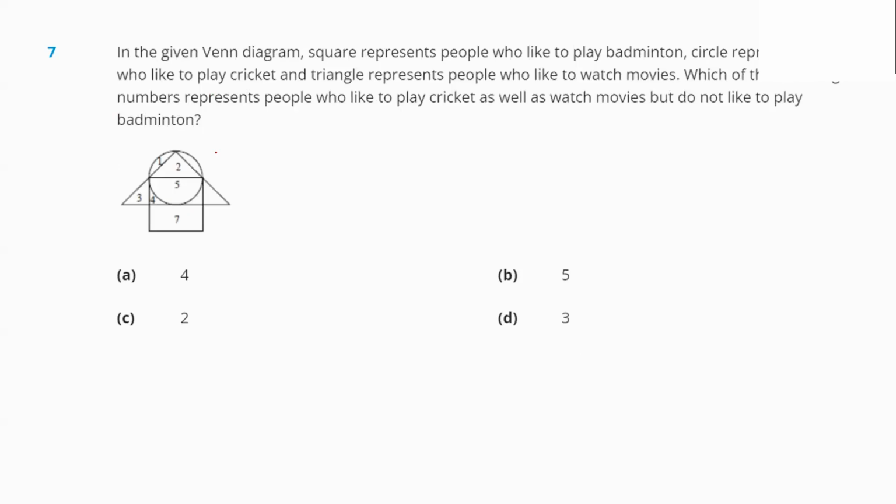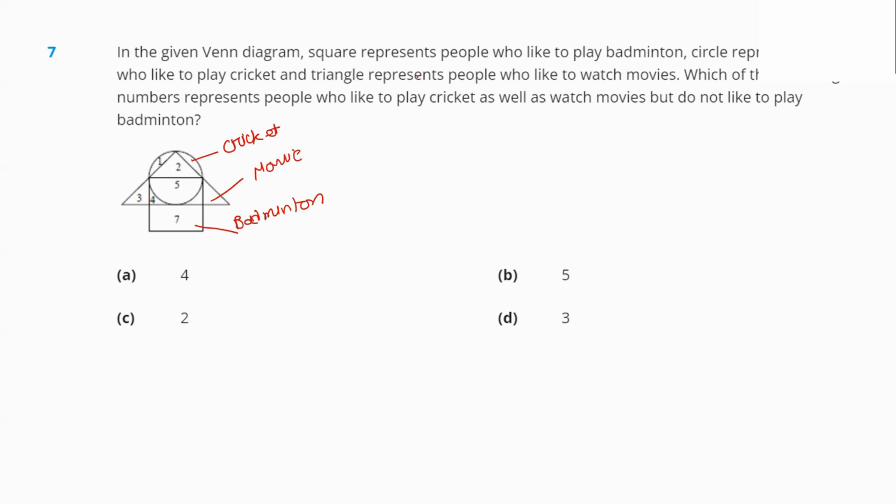Moving on to the next question. In a given Venn diagram, square represents people who like to play badminton, circle represents people who like to play cricket, and triangle represents people who like to watch movies. Which of the following numbers represents people who like to play cricket as well as watch movies but do not like to play badminton? So as we know, the square is badminton, circle is cricket, triangle is movie.